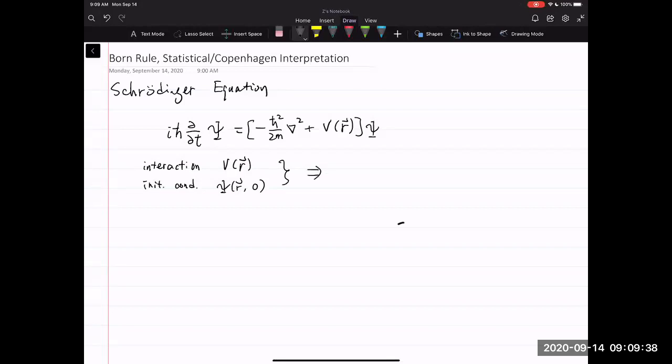If we solve the Schrodinger equation, what do we get? It's a wave function, right? The wave function psi as a function of r and t. Okay. So now part 1 of the problem is solved. Given a system, now we have a way to solve the differential equation, the Schrodinger equation, and find out the wave function.